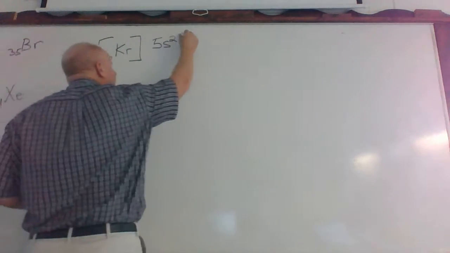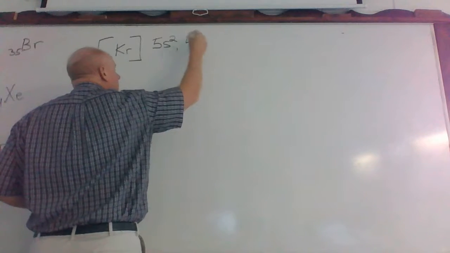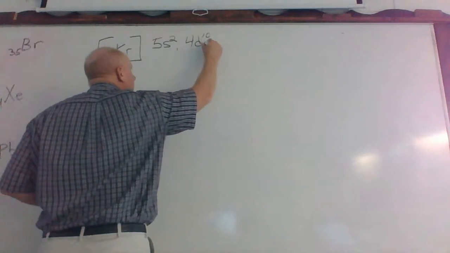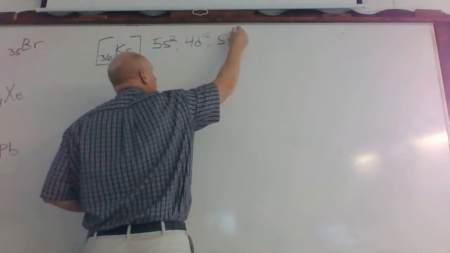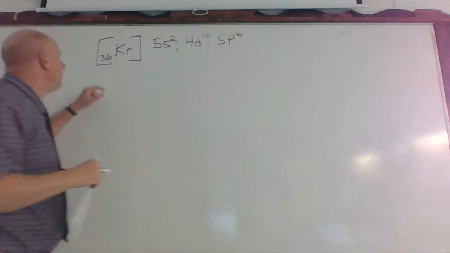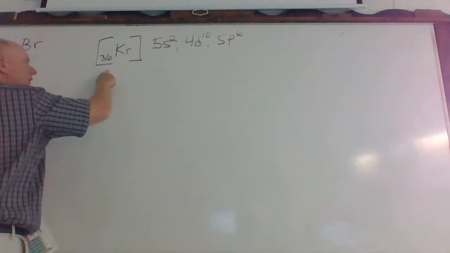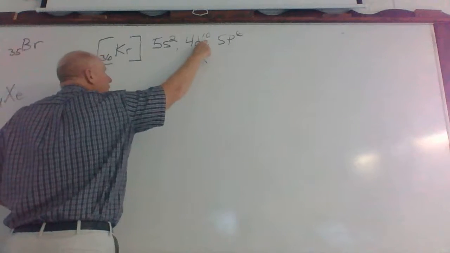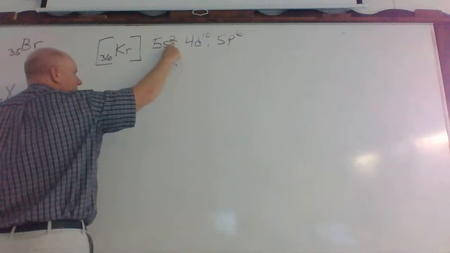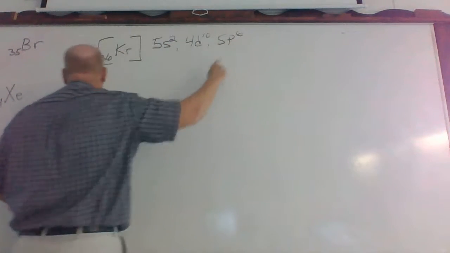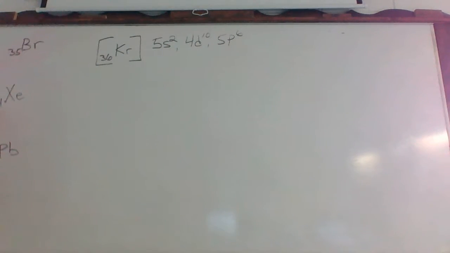So this number, 36 plus your exponent, should be what? 54. Okay, so 36 plus 10 gives you 46, and 6 more gives you 54. And that's what we're looking for.